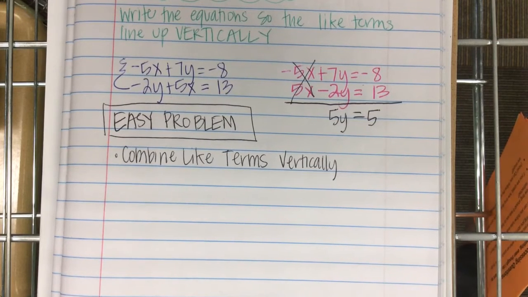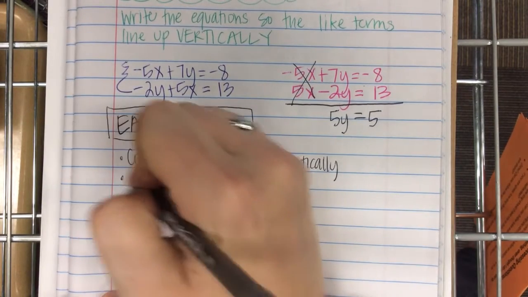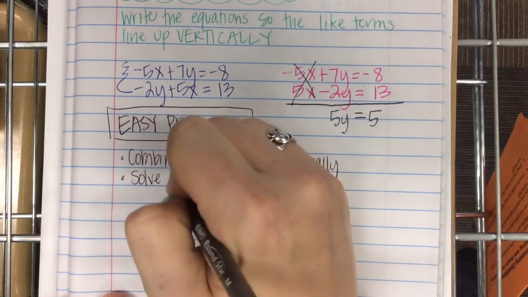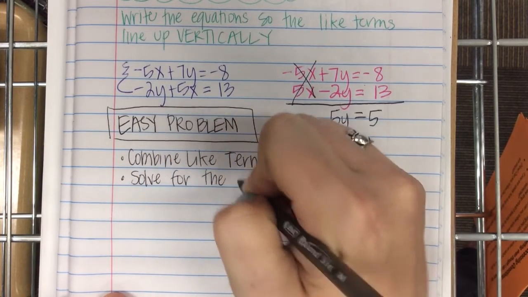If it's an easy problem, I look at it and I say, oh yeah, my x's are opposites. I combine like terms vertically and I'm good to go. So now I solve for the variable.